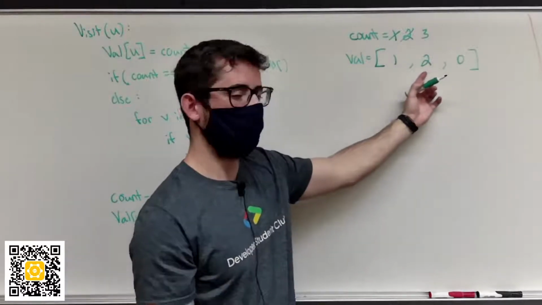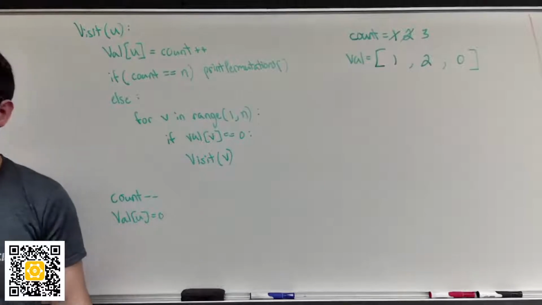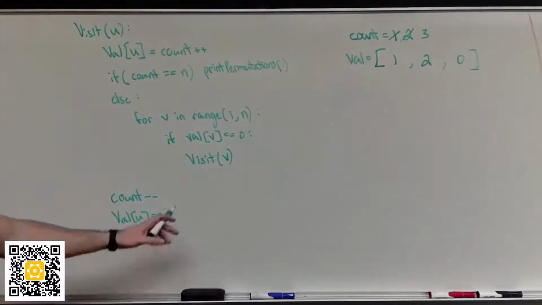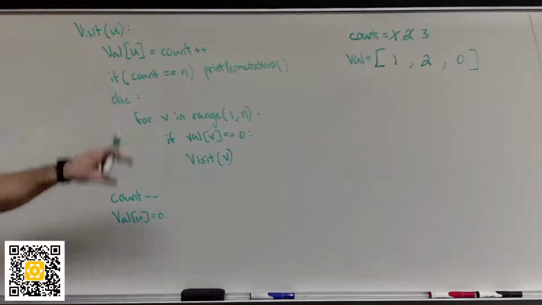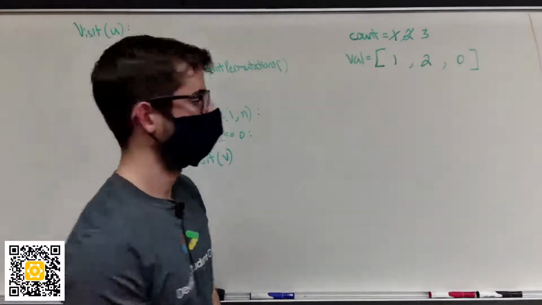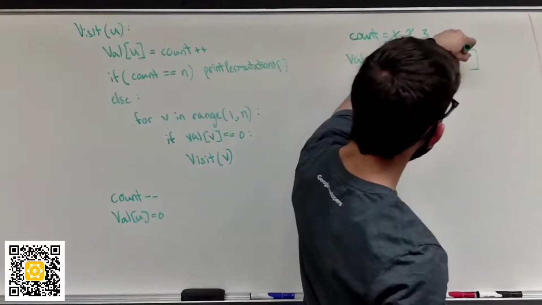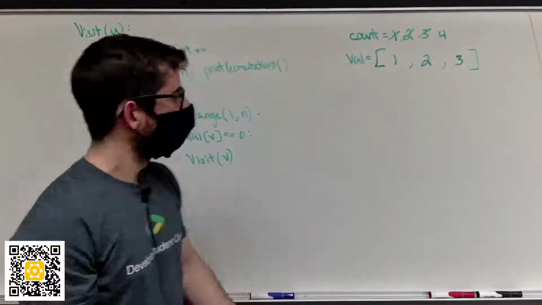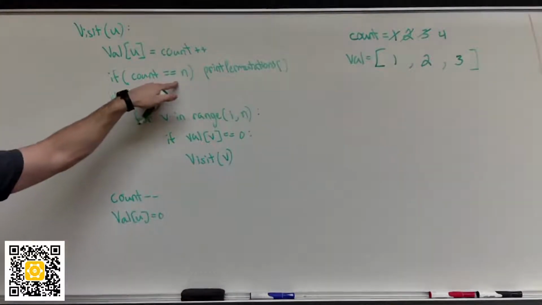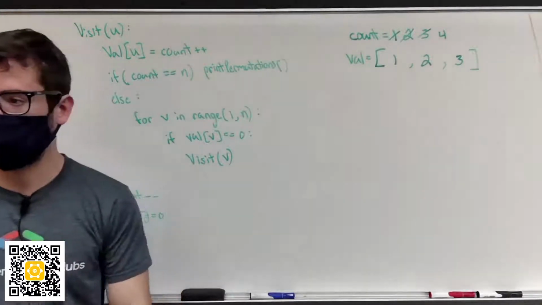We look at 2. That's not empty. And we look at 3. 3 is empty, so we can call that position. We call visit again, but now our u is 3. And in here, we put count and then increment count. Count is equal to n, so we just want to print the permutation.